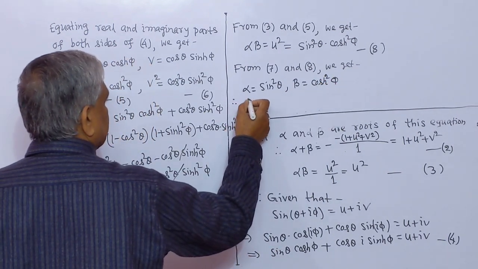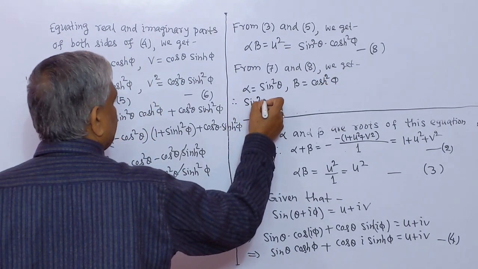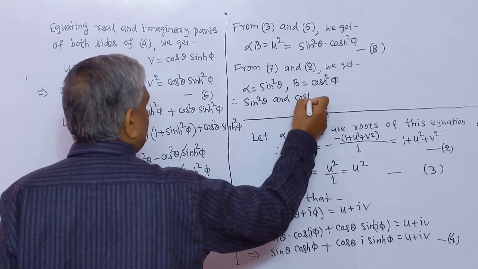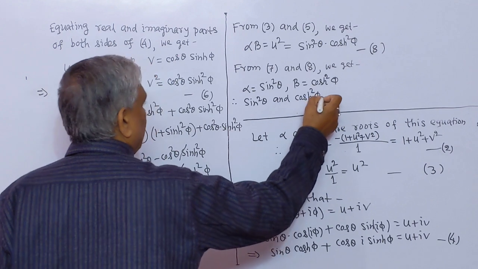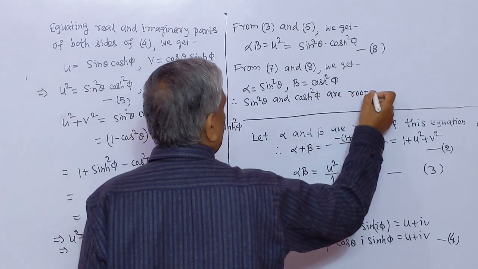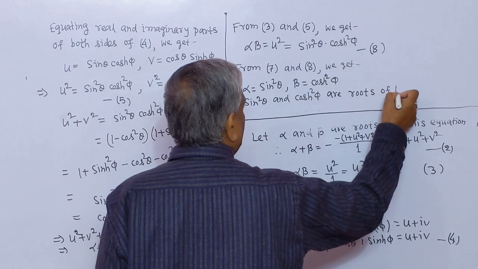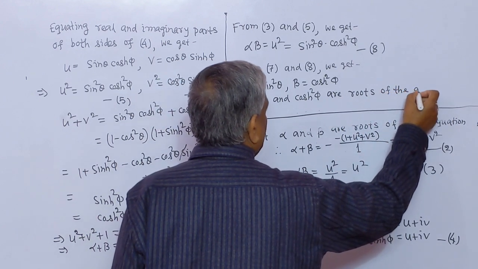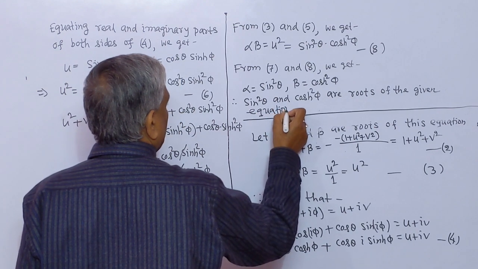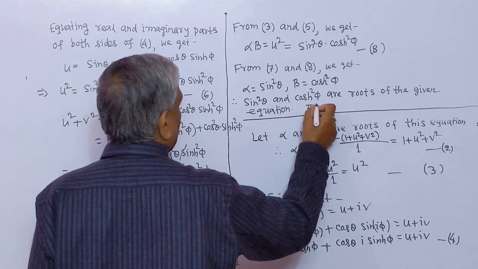Therefore sine square theta and cosh square phi are roots of the given equation. Proved.